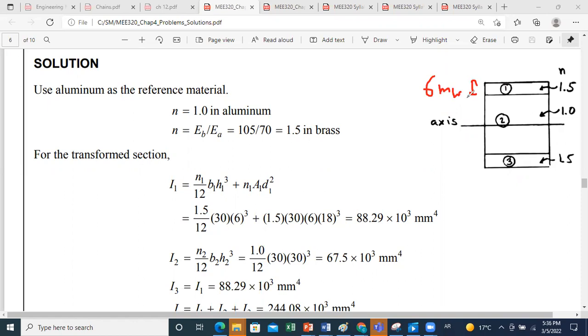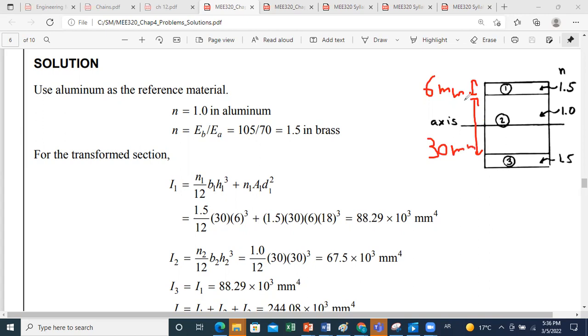The whole height of this part is 30 millimeters, so we should just take half of it.